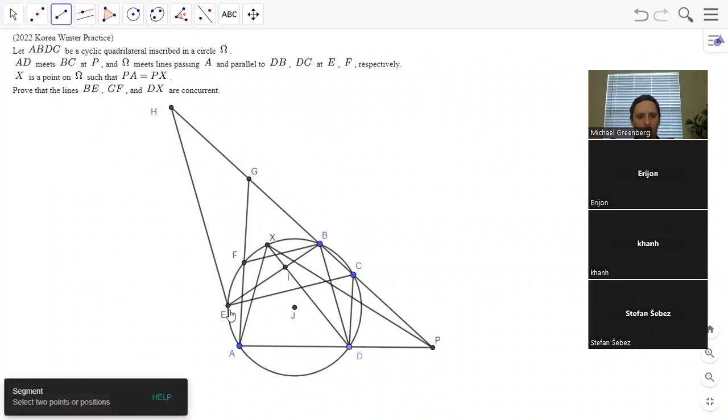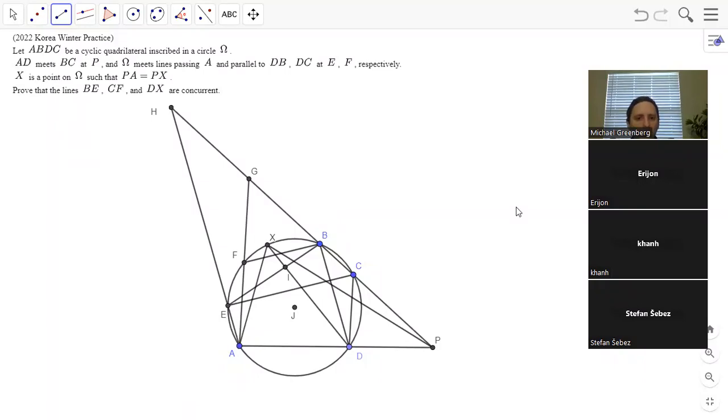So AE and AF are parallel to DB and DC. Oh yeah, that makes it really clear that these should be parallel, right? Because these angles are equal, so they intercept equal arcs.